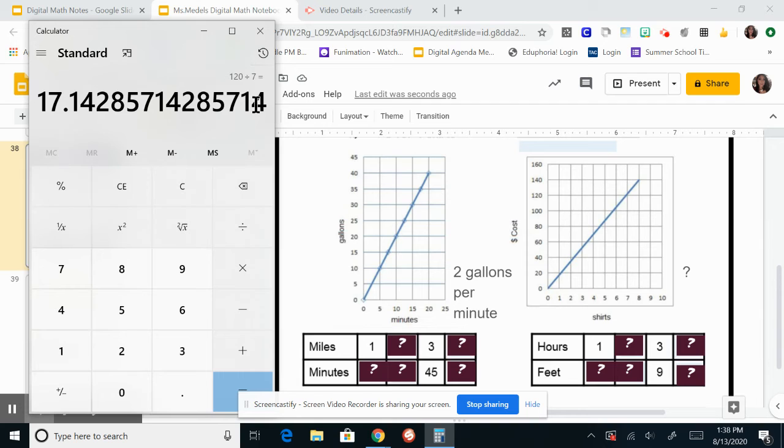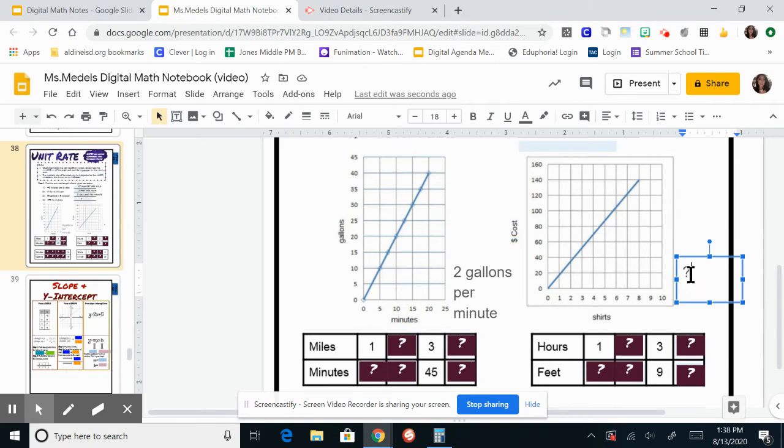So each shirt costs about $17.14 per shirt. This should actually be a dollar sign. Sorry.